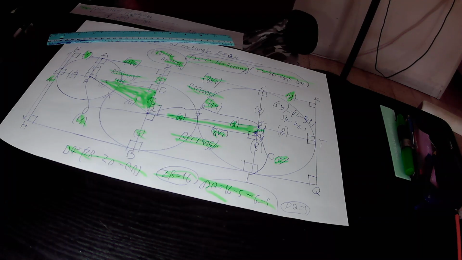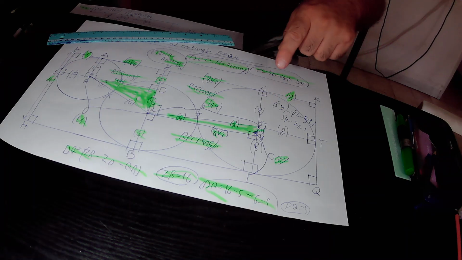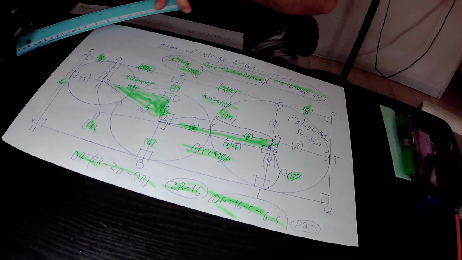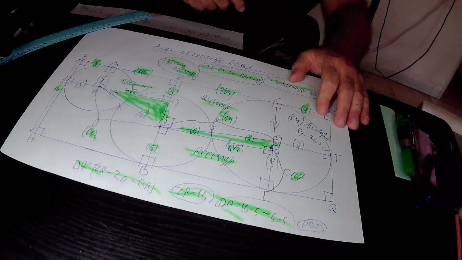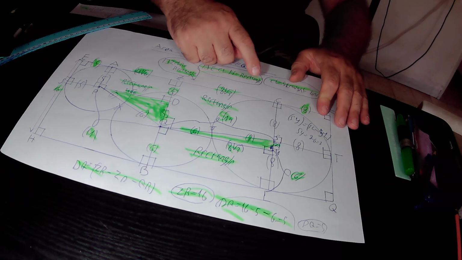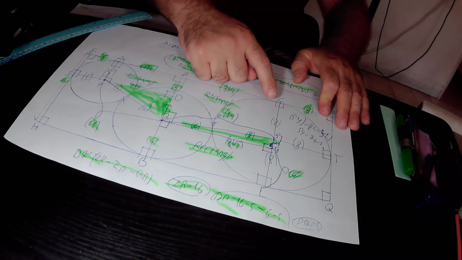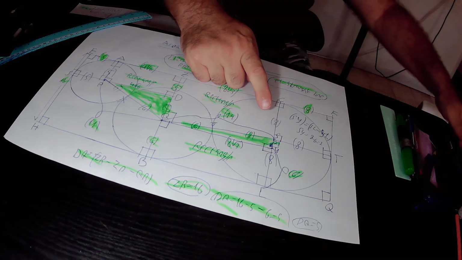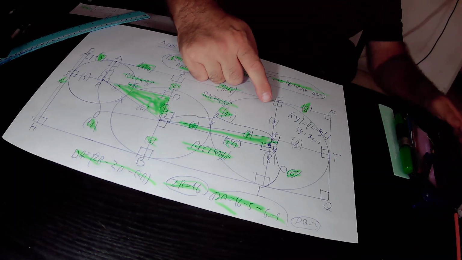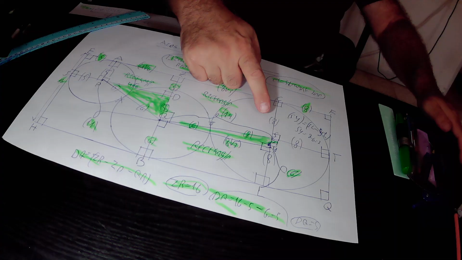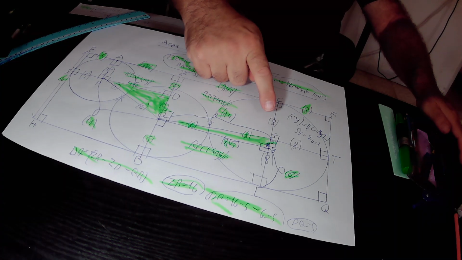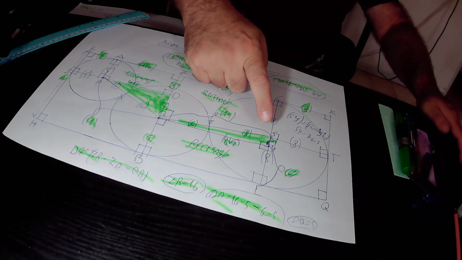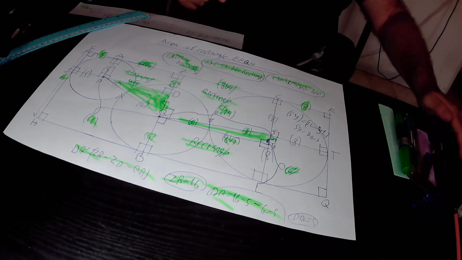And we actually joined the points, we extended the radius CS, we joined points C and L together by a straight line.